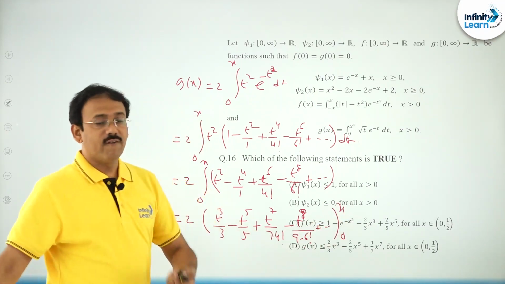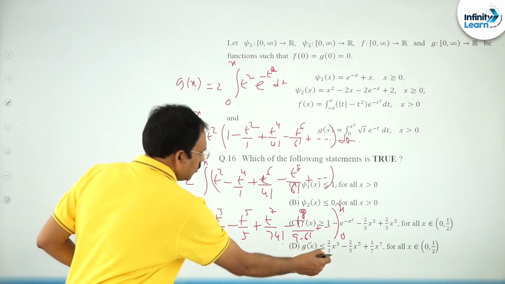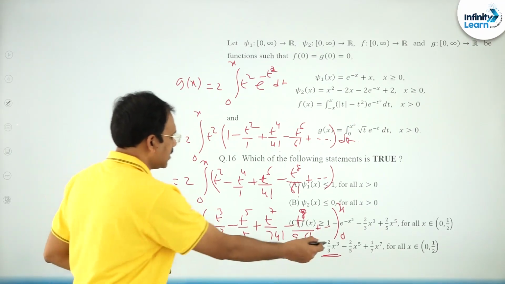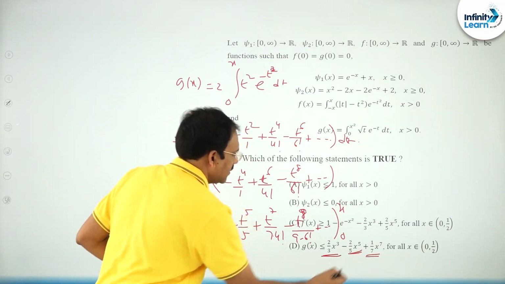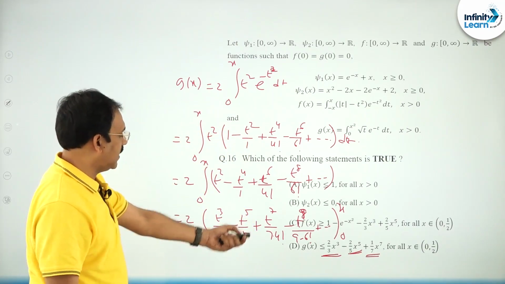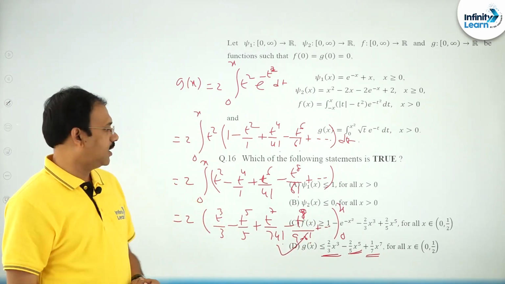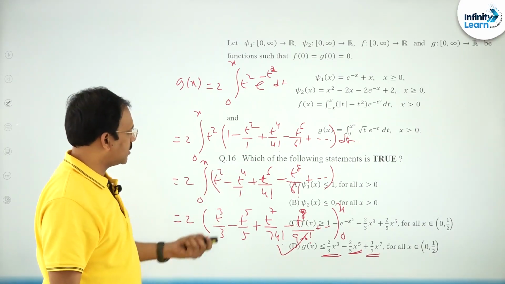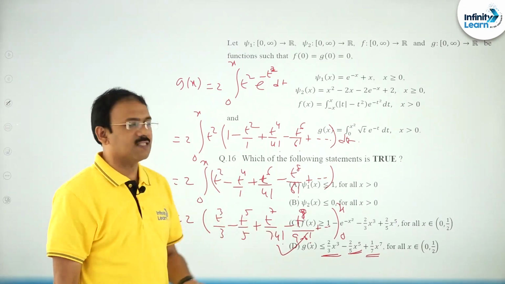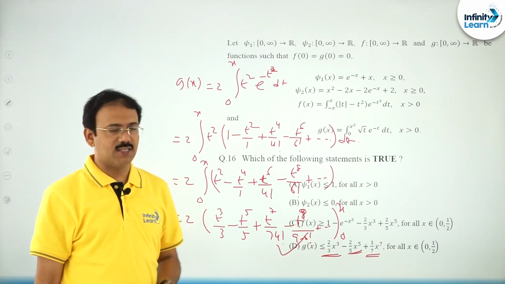When you put the limits, you are going to get the first term 2x cube by 3, second one minus 2x power 5 by 5, the third one plus 2x power 7 by 7 into 4 factorial. Clearly this is less than this, undoubtedly I can go with option D. In this way, for these particular functions we can prove that g of x is less than or equal to this by using expansions, right dear students.